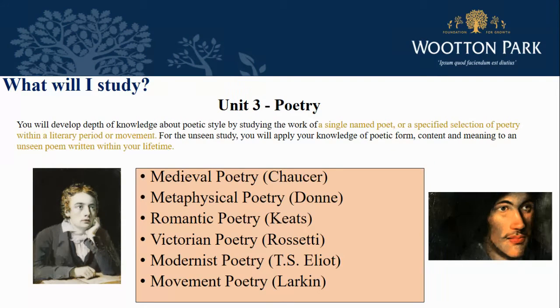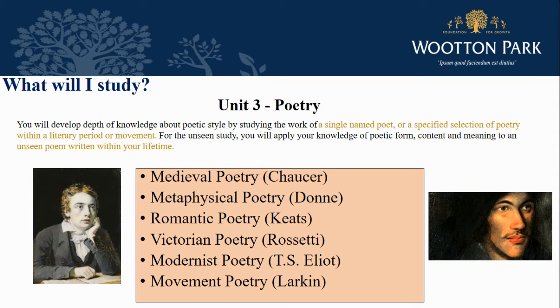For Unit 3, you will study poetry. Now, within this unit, you'll be looking at an anthology of poetry, which you will be asked to compare with each other. But then in the second section of the poetry unit, you'll also be asked to specify a particular poet or literary period or movement from which poets were writing.